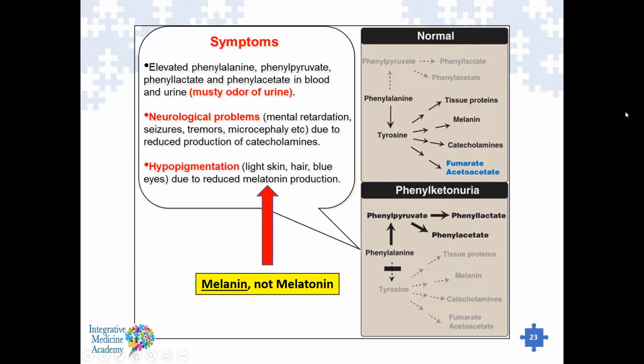Also, these kids end up getting hypopigmentation issues. Melanin is interesting in that it actually has a link to tyrosine metabolism, phenylalanine being linked to tyrosine as well. So there is some kind of block happening in phenylalanine metabolism that's leading to these problems.